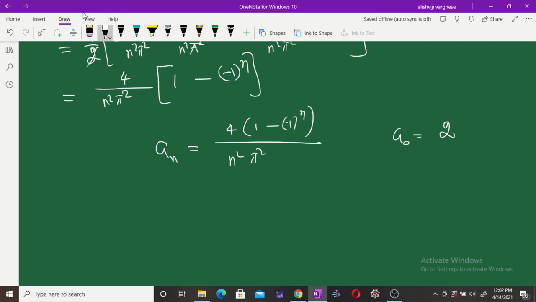Now we are going to calculate the Fourier coefficient Bn.